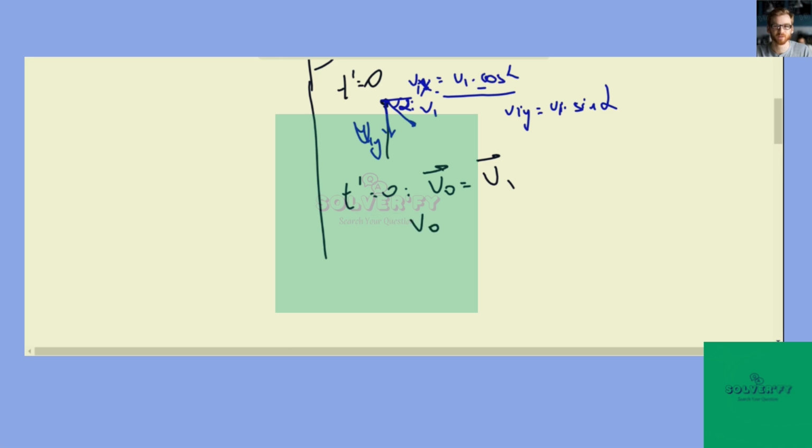Therefore v0x equals v1x, which is v1 times cosine alpha, and v0y equals v1y, which is v1 times sine alpha.